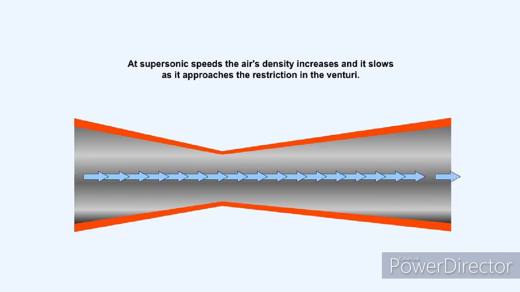Therefore, the air becomes more dense and slows down. This is still all in accordance with Bernoulli's equation, which tells us that if the static pressure increases and the density increases, then the velocity must decrease in order to keep the total energy in the airflow constant. To most people, this tendency of supersonic airflow is more intuitive than what happens in subsonic airflow.